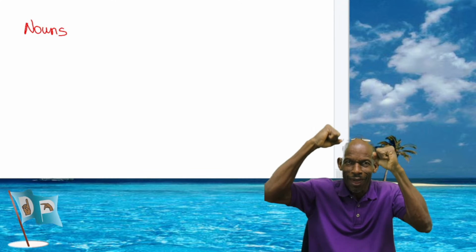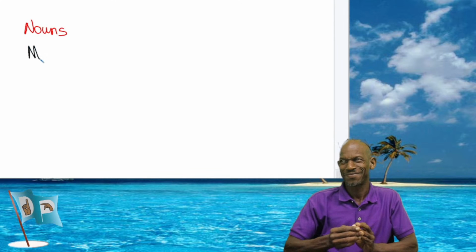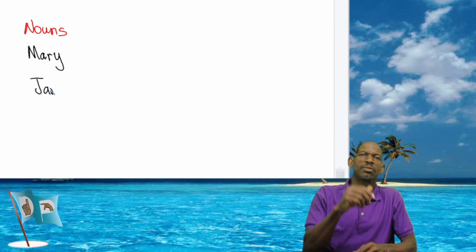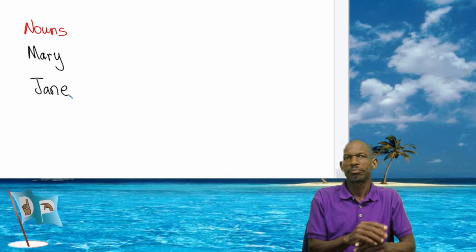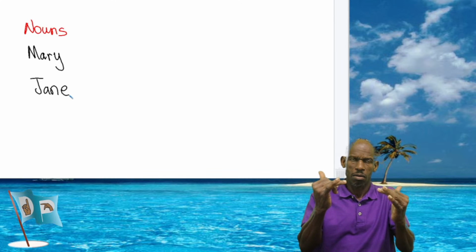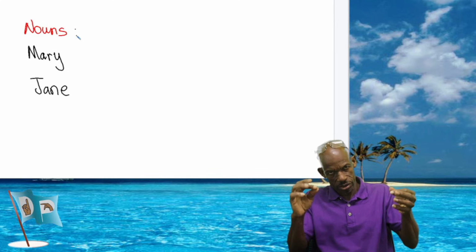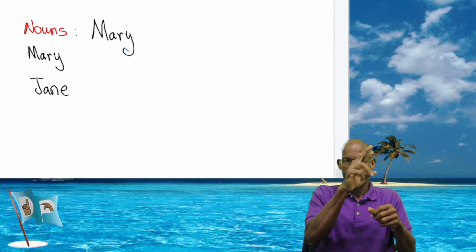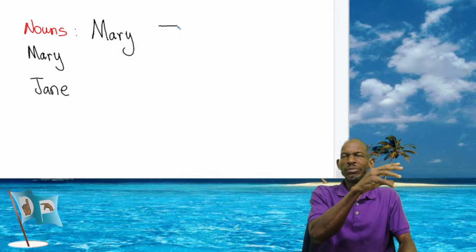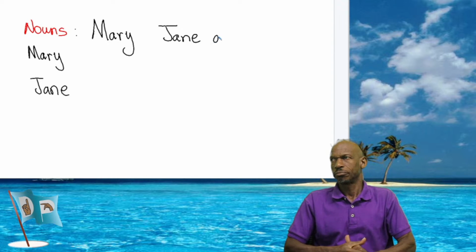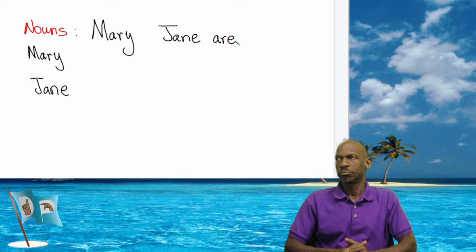So I have a list of persons. I'm saying Mary, and I put in Jane. These are two names of persons. But if I'm going to write them in a sentence, as when we were doing the pronouns, I'm going to put it in a sentence. So I have Mary and I have Jane are girls.